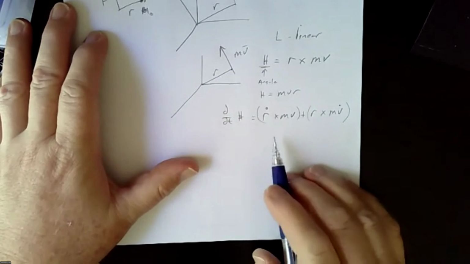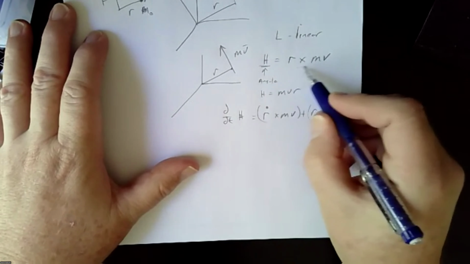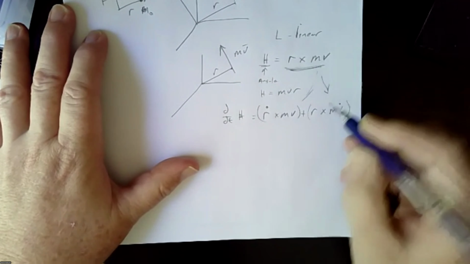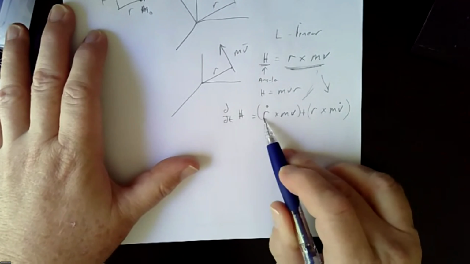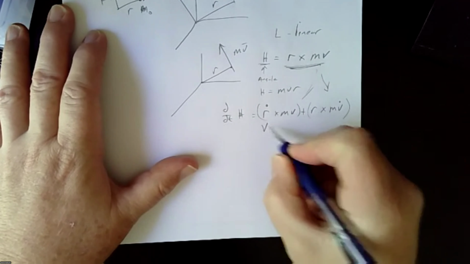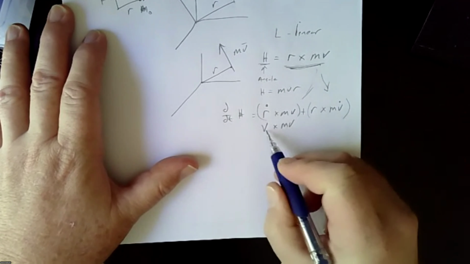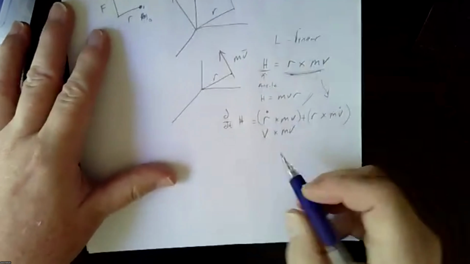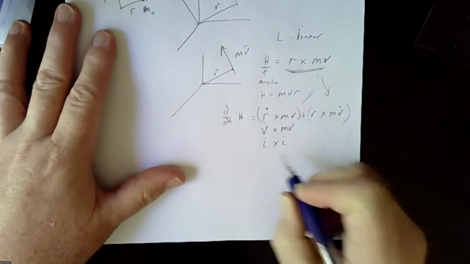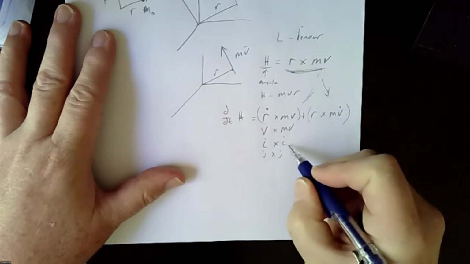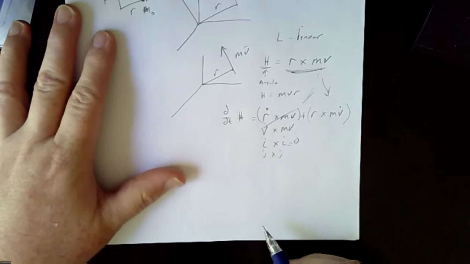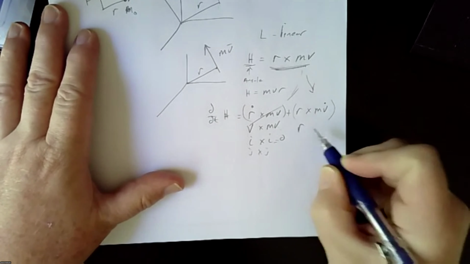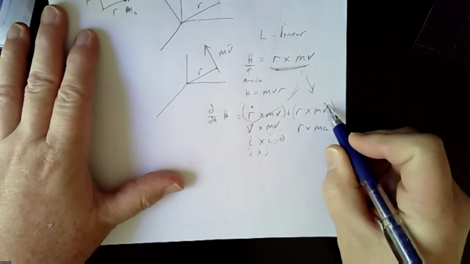And again, I'm just taking the time derivative, and you take the ddt of this term here, you end up with this and this. Now, this velocity and r dot are the same thing. So this is basically velocity crossed mv. Well, if these are, as we've drawn them up here, in the same direction, it'd be like saying I crossed with I, or J crossed with J. That's equal to 0. So this term actually disappears. And what we're left with is R cross m v dot. Well, what is that? That's R cross MA, because v dot is A.